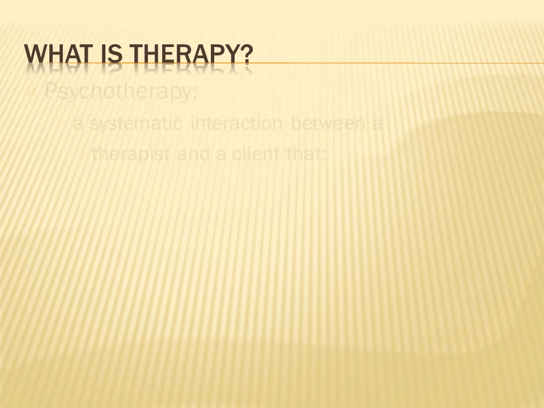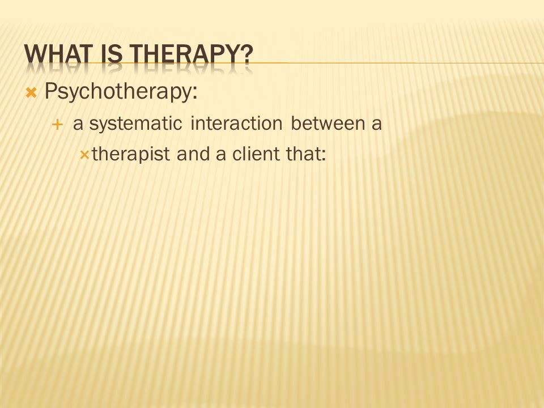And of course, what we would have to say is that psychotherapy is some sort of systematic interaction between a therapist and a client. In other words, there's two people in this relationship, a professional and a consumer. And it can be done usually for one of three main purposes or three main populations, right?